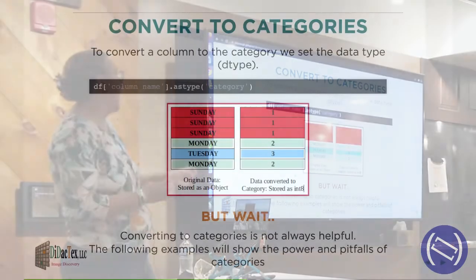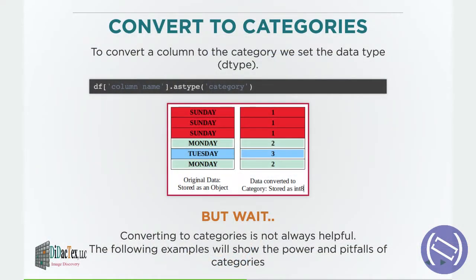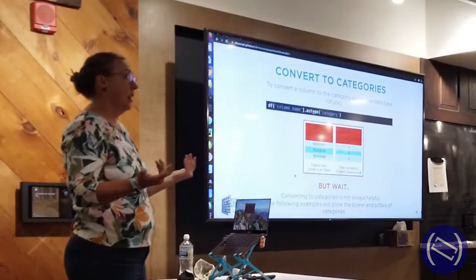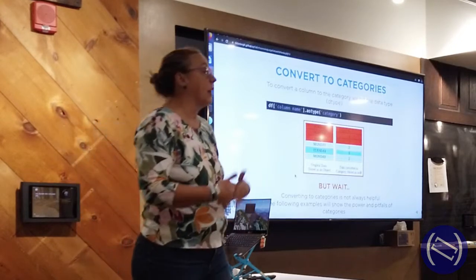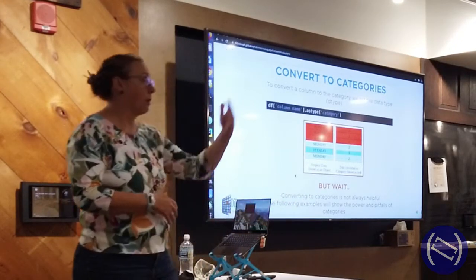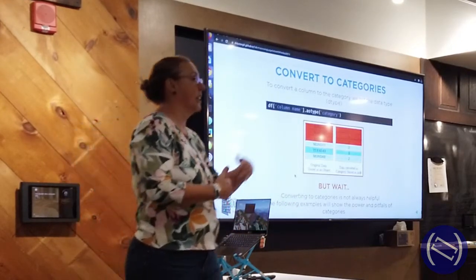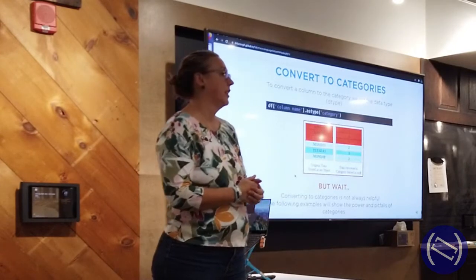Converting a column to category is super easy. You just go on the data frame, the column name, dot astype, and then you set it to category. Does it build the category on the fly? Yes. If you have more than 256 categories, it's not going to be an int 8, because it's going to map it to something higher, with 2 bytes.